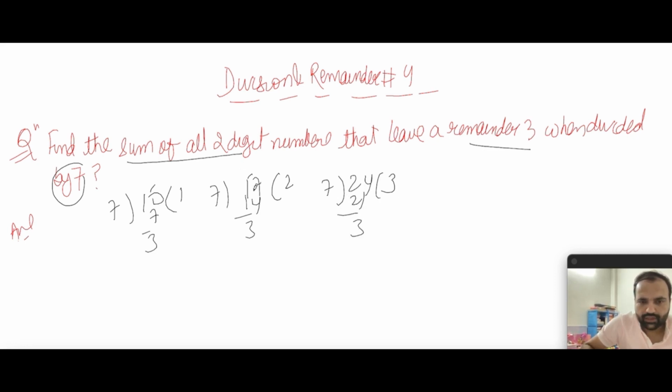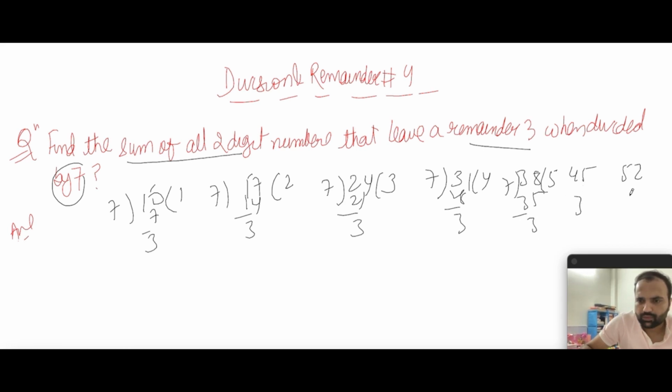Again, see. So what we can see over here is that it is moving with a common difference of 7. 10 plus 7 plus 7, we can check for plus 7, and we can keep doing this, and we will see that all these numbers will give us the desired remainder.